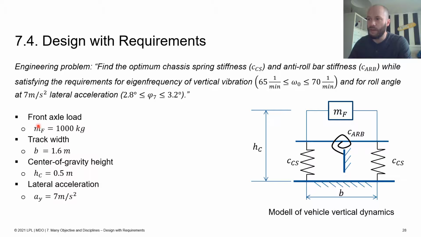We have some values given: the front axle load, so this is half the load of the car, the track width B, and the height of the center of gravity as well as a lateral acceleration of the car body.